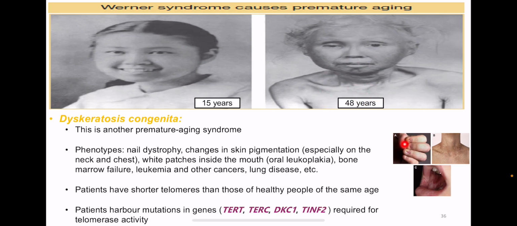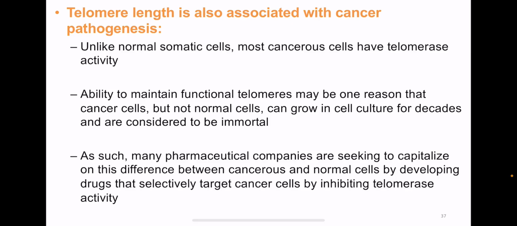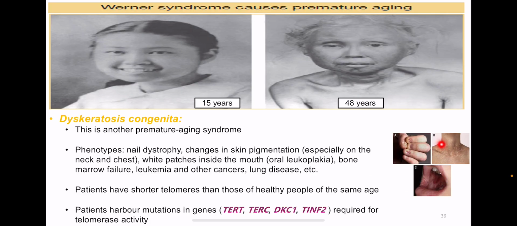Another disorder is called dyskeratosis congenita. It is another premature aging syndrome, and the phenotypes of this disorder are nail dystrophy, which I think you can see from here, changes in skin pigmentation, mostly around the neck area, and some white patches inside the mouth, which we call oral leukoplakia.